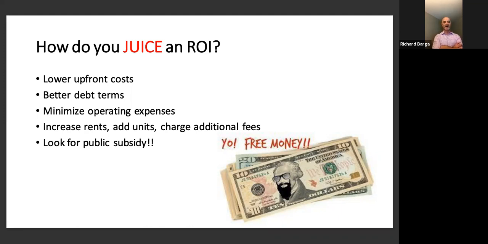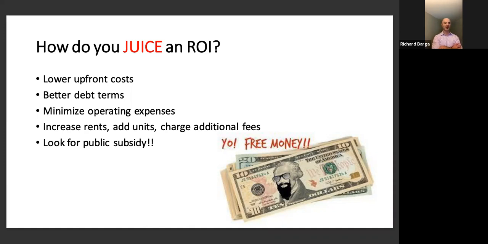Maybe you're able to get a better loan with better payment terms, or a better interest rate, or a longer term. Different types of loans can generate different types of payments. Then you can obviously look at minimizing expenses. You can look at your property, and maybe you don't want to hire a property manager.